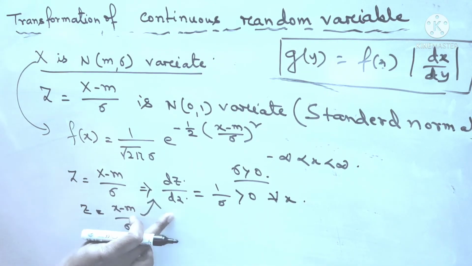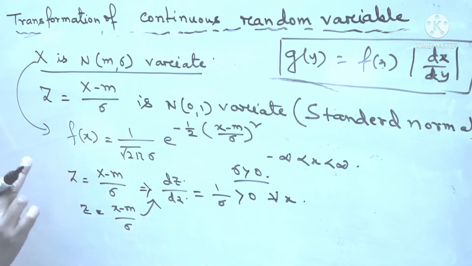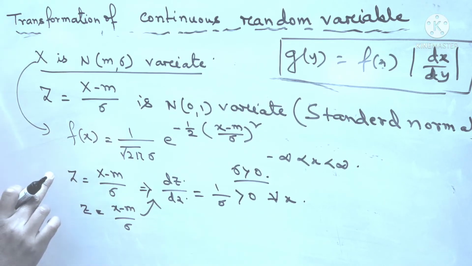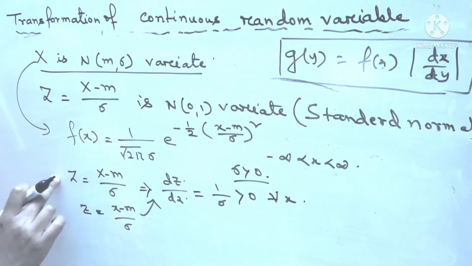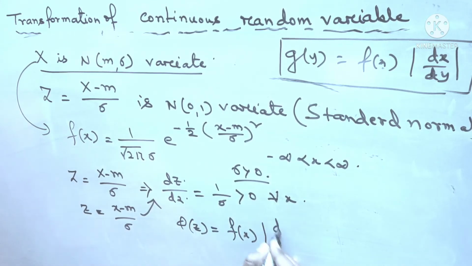So we can use this transformation formula to find the PDF of Z. Here we get the PDF of Z as phi of z, which is equal to f of x into mod of dx/dz.